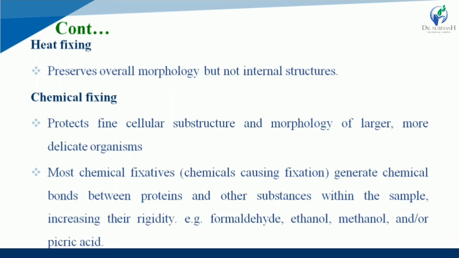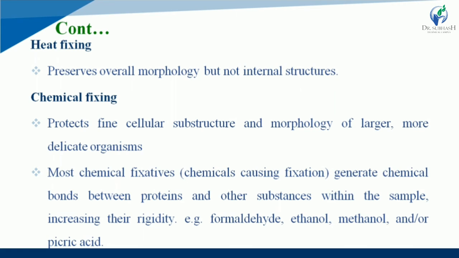So what is the difference between heat fixing and chemical fixing? Heat fixing preserves overall morphology but not internal structures, while chemical fixing protects fine cellular structure as well as morphology of larger and more delicate organisms.